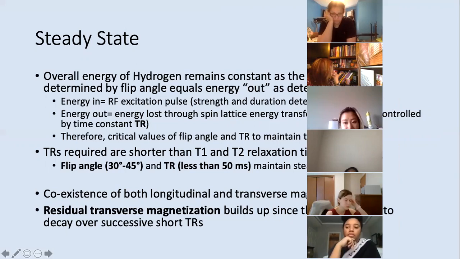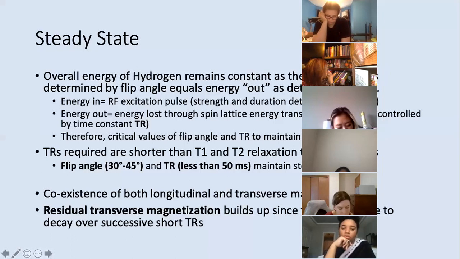This is one of the factors that help determine the image weighting in a gradient echo pulse sequence. What it means is maintaining almost what we call an equilibrium phase, where the energy in equals the energy out.